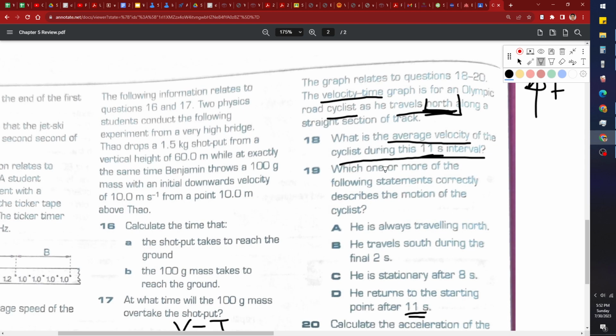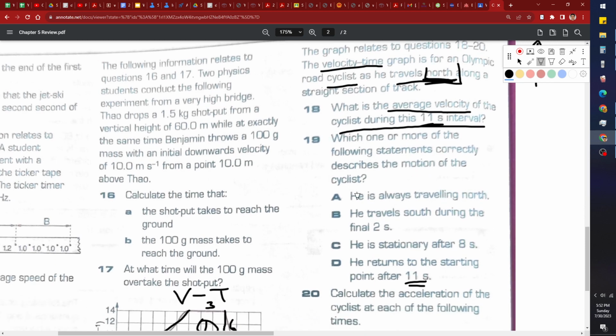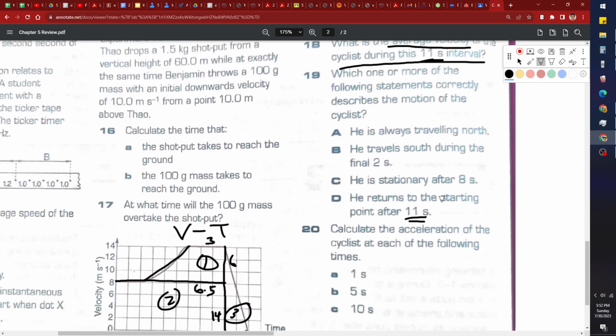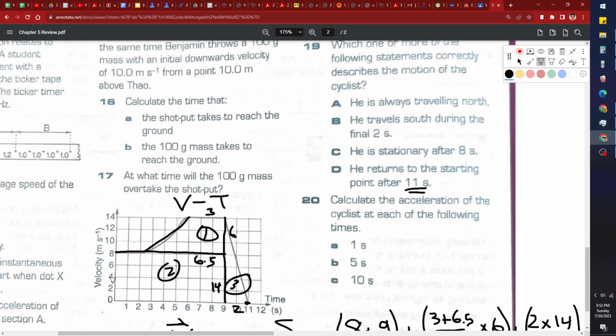Which one or more of the following statements correctly describes the motion of the cyclist? He's always traveling north. Yes. When we're looking at a VT graph, anytime you're above the zero or the horizontal line, it's all positive direction. Doesn't matter if you're going faster or slower or slowing down, okay? So that's true.